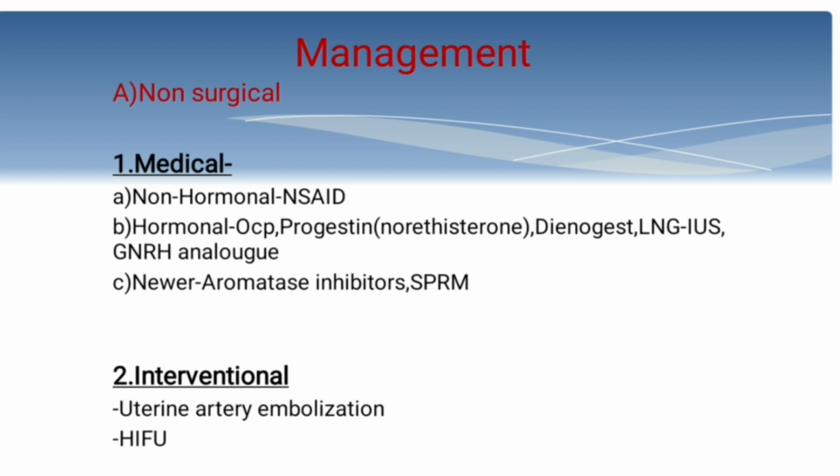This may also include non-testosterone derivatives, then newer generation progestin, that is Dienogest, then levonorgestrel intrauterine system, and gonadotropin releasing hormone analogs, which are popular in management of adenomyosis. There are also newer drugs that help in managing adenomyosis, including aromatase inhibitors and selective progesterone receptor modulators. Interventional includes uterine artery embolization and high intensity focused ultrasound.